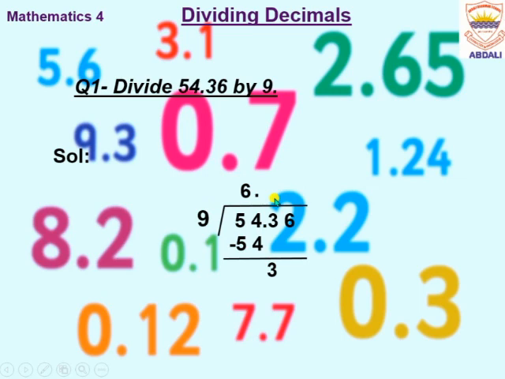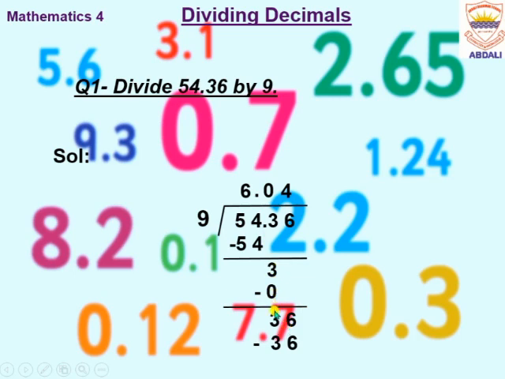But if we multiply 6.4 by 9, we will not get 54.36. It means there is a mistake with our division. That's why firstly we will multiply 9 by 0 and we will put 0 here and bring down our 3 here.